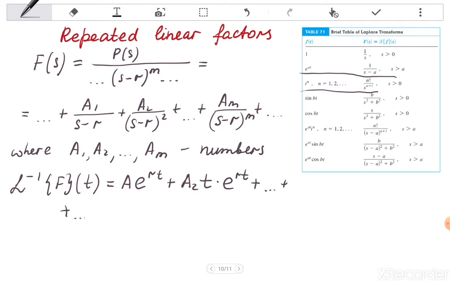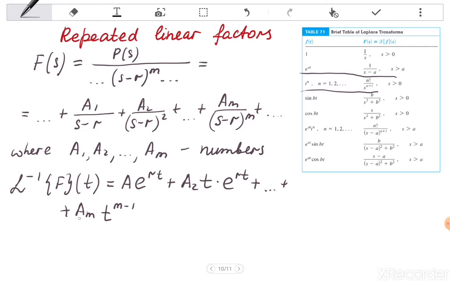And for this term here, am, we use the same formula t to the n, but instead of n we will have m minus 1. Here we have s to the power n plus 1, so n plus 1 is equal to m, so n is m minus 1. So here we obtain t to the power m minus 1, and also we have n factorial.